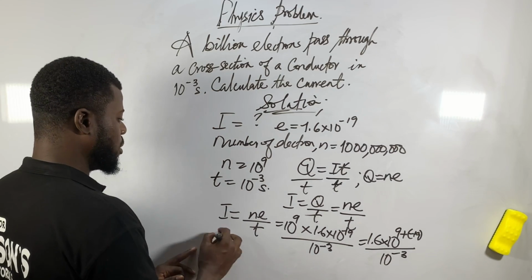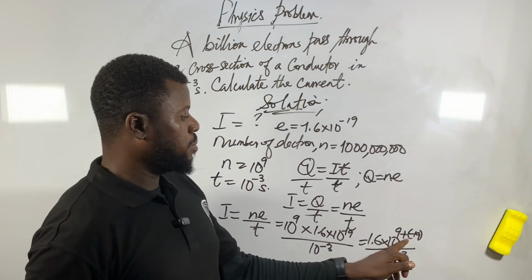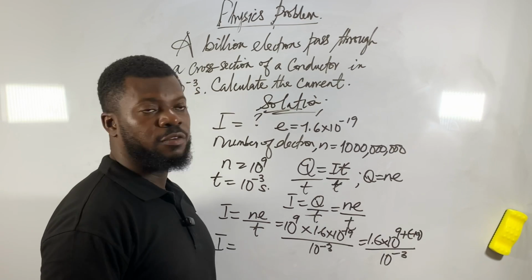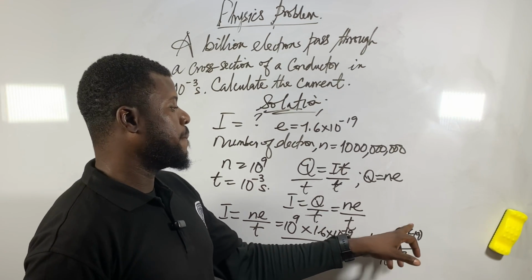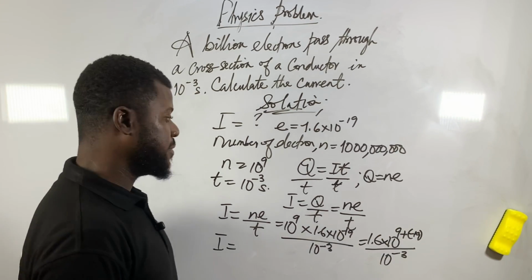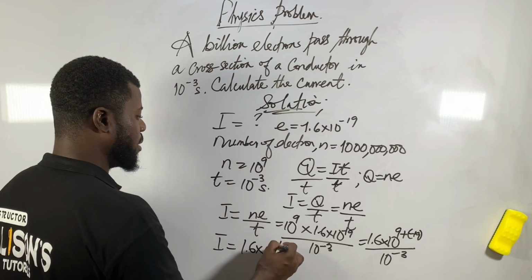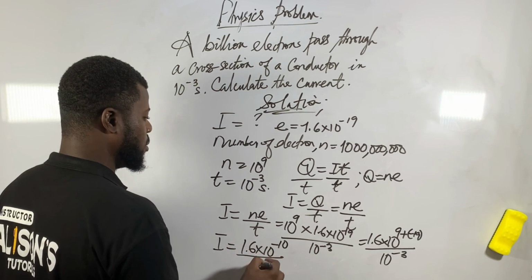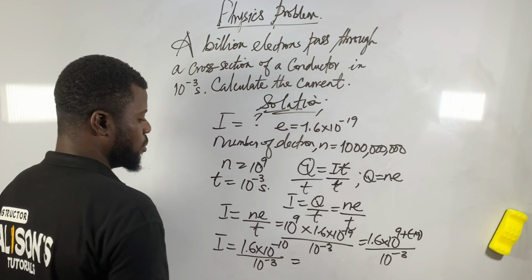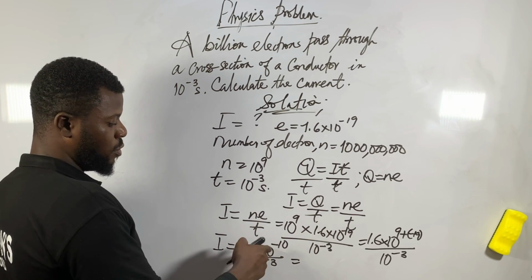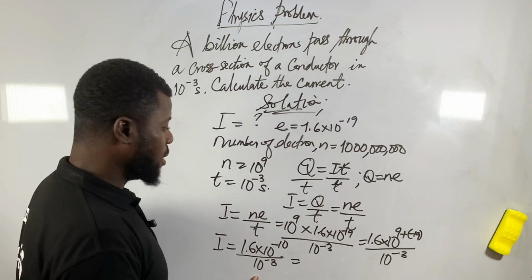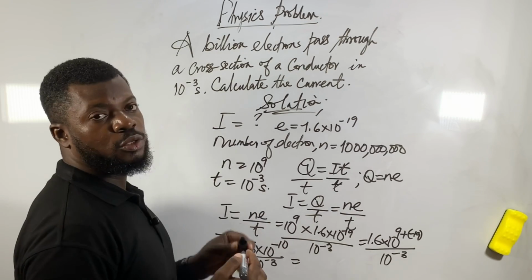So now the current will be equal to... plus times minus gives minus, so 9 minus 19 gives us -10. So I get 1.6 times 10 to the power of -10 over 10 to the power of -3. Now I apply the division or quotient law of indices: if the base is the same, you subtract the powers.